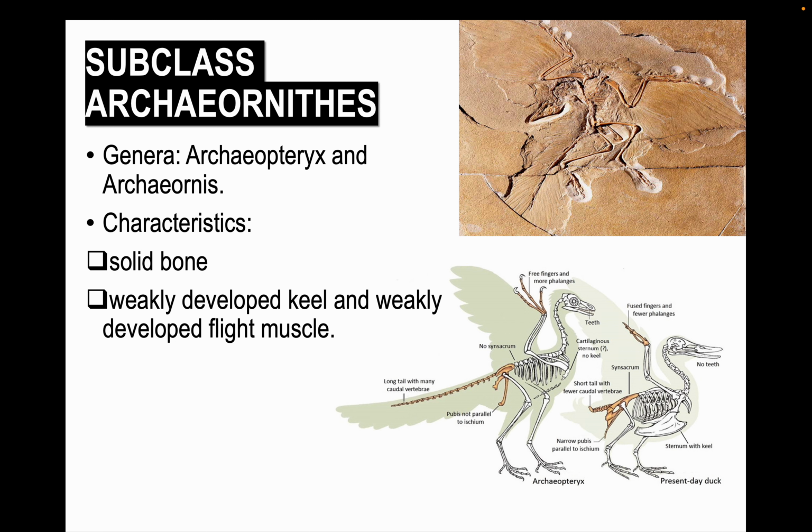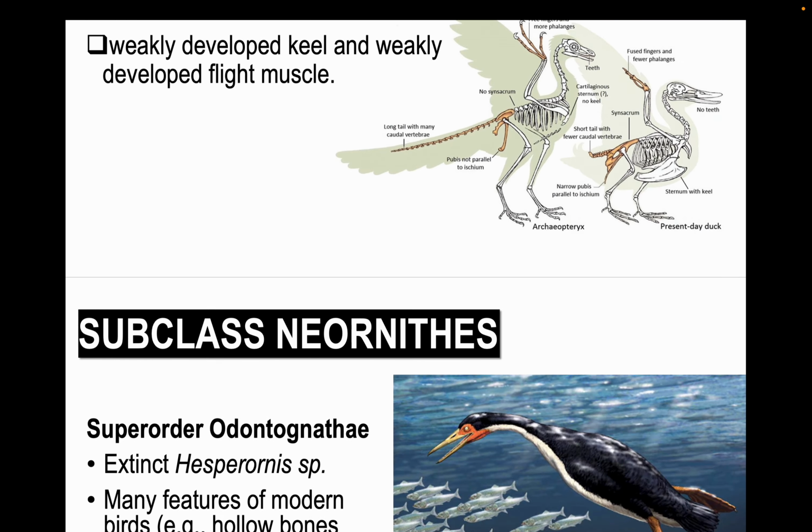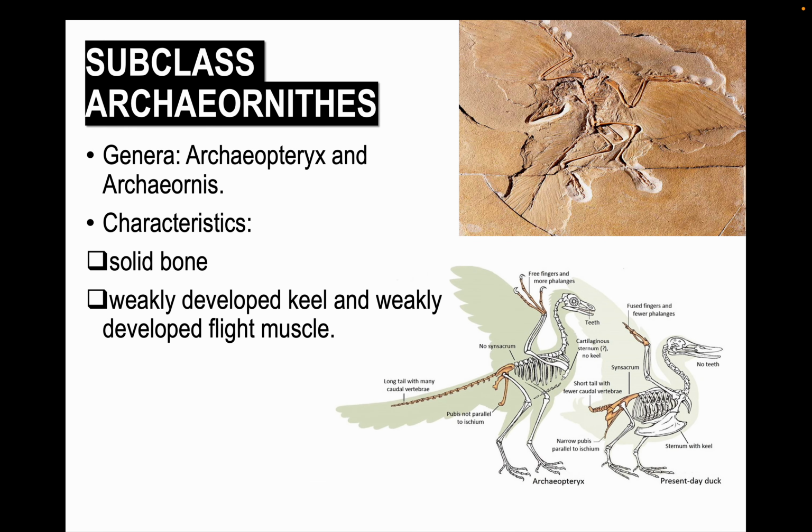So some of the major subclasses under Aves, we have the Archaeornithes, the Archaeopteryx, and the Archaeornis, which are extinct animals. Characteristics include solid bone, so their endoskeleton relative to modern day birds is more compact. They also have a weakly developed keel, and the flight muscle is not as strong compared to that of modern day birds. Okay.